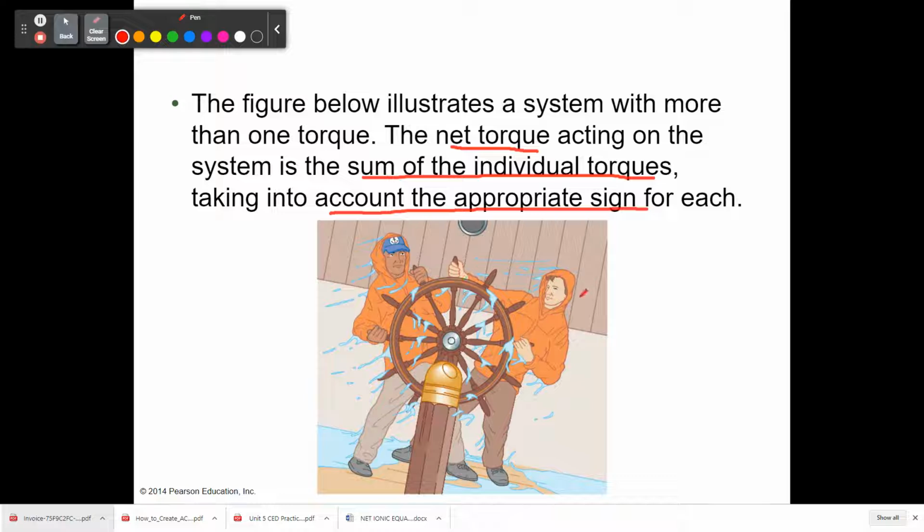This guy's pulling in a clockwise direction, and this guy's pulling in a counterclockwise rotation. So he would be a positive torque and he would be a negative torque. Your net torque is the sum of those two, taking into account their signs.